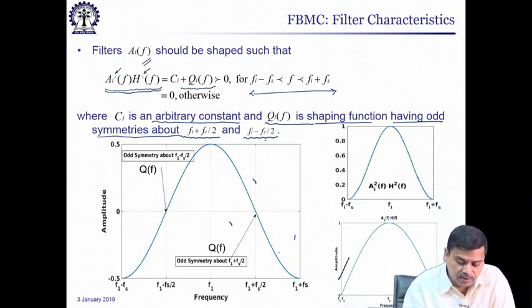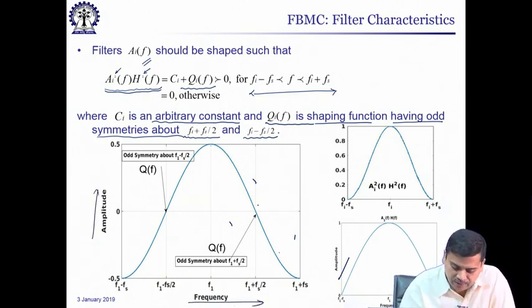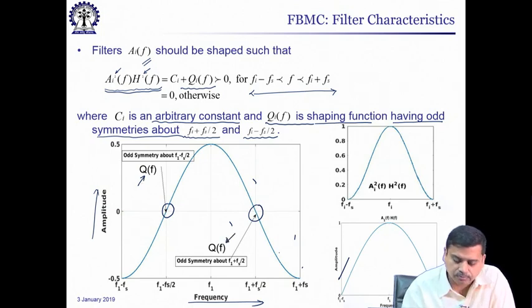So, if we look at the amplitude versus frequency plot, at Fi plus Fs by 2 and Fi minus Fs by 2, we find that Q of f has odd symmetry, right.